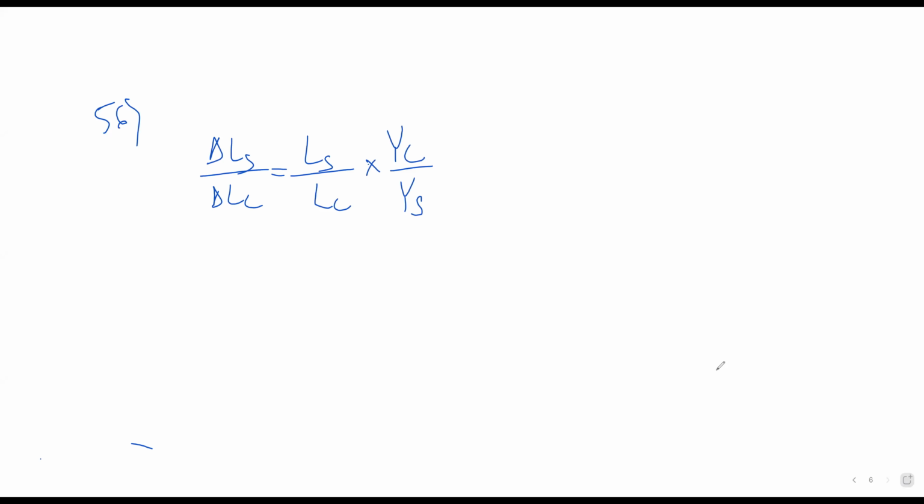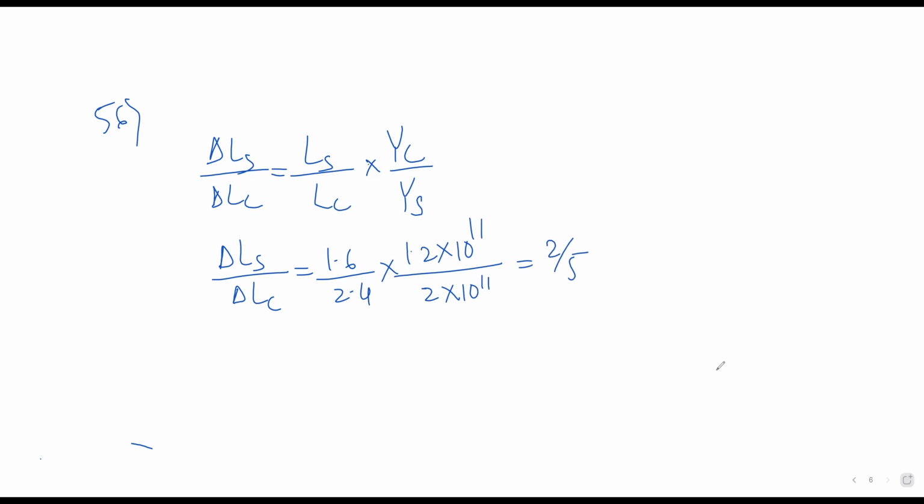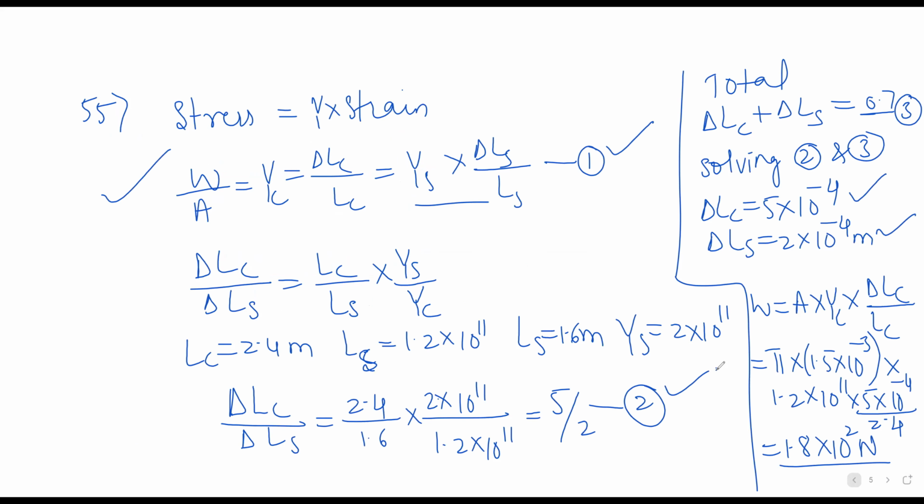Substitute the given values: delta LS divided by delta LC is equal to 1.6 divided by 2.4 into 1.2 into 10 to the power of 11 divided by 2 into 10 to the power of 11. After simplifying, we got 2 divided by 5.